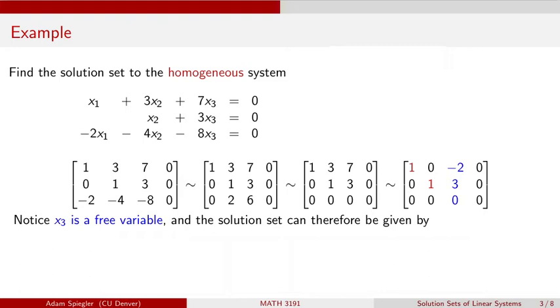And so we can represent this solution set in a number of different ways. So we solved for the variables x1, x2, and x3. In this vector of variables x, we have x1 is equal to 2x3, x2 is equal to minus 3x3, and x3 is free.